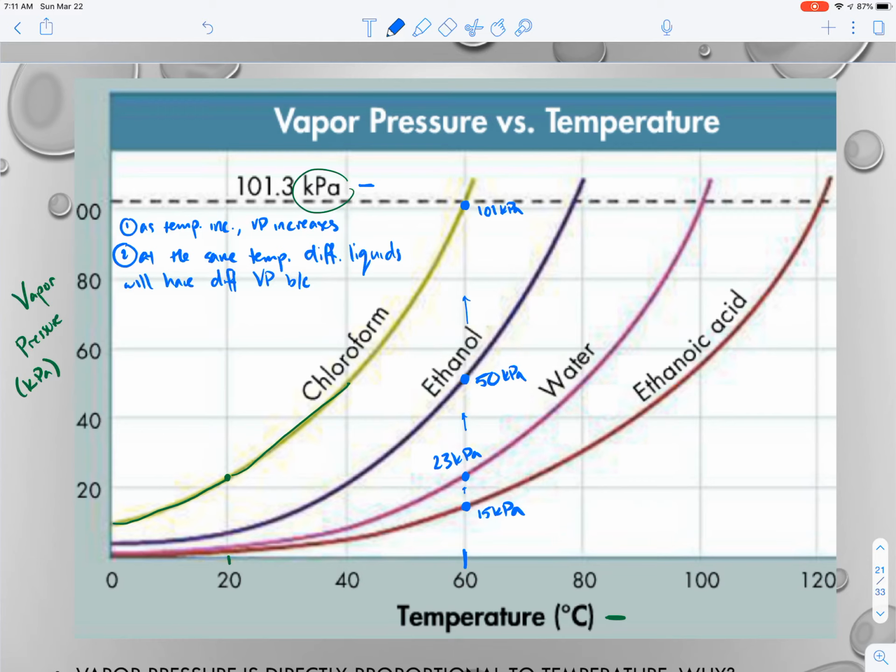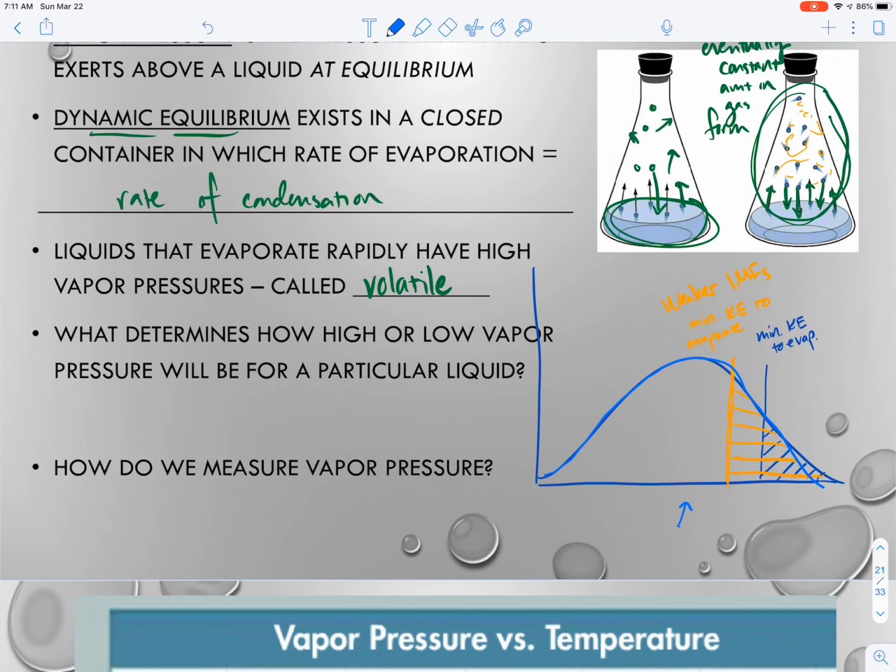Okay, so when we think about what we talked about before, the strength of something's IMFs dictates how much energy, dictates like where this line is, okay? How much energy is required for it to evaporate. So the stronger the IMFs, the more energy is required to overcome them, which means less evaporates. Really weak IMFs means very little energy, relatively, is required to overcome the IMFs, and a greater portion of the sample will evaporate.